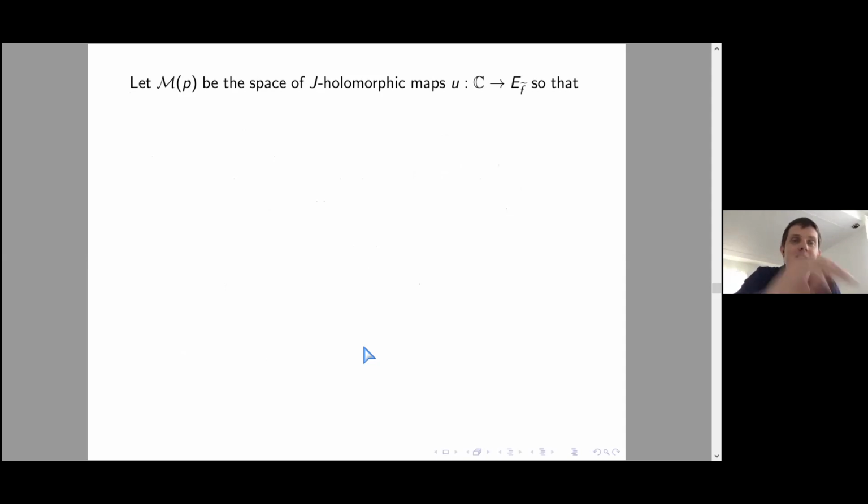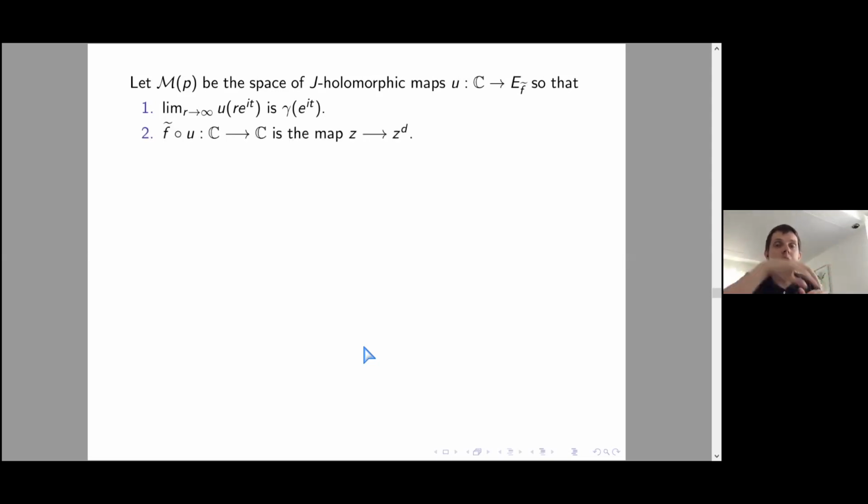It doesn't matter. It's that picture I drew with these cylindrical ends, and it satisfies the following properties. The boundary of this holomorphic map limits to my orbit gamma. When I take F tilde and project this Floer trajectory to the base, it's just given by the map Z goes to Z to the D.